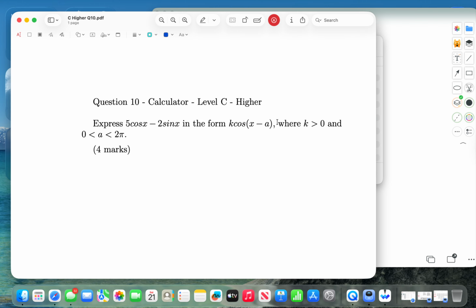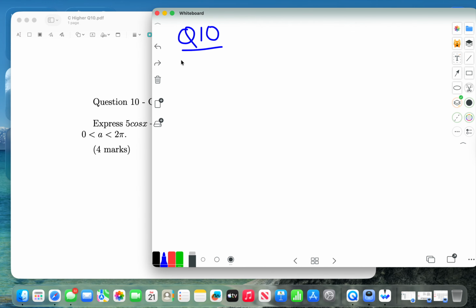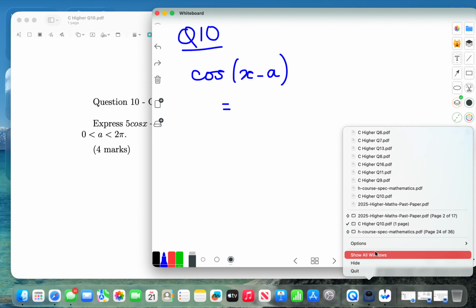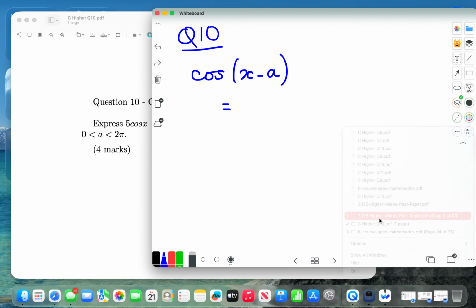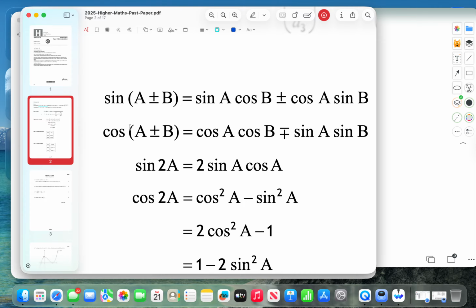The first thing we want to look at is, we can start with the cosine of x minus a. If we have a look at a past paper, this is on page 2 of the exam book.